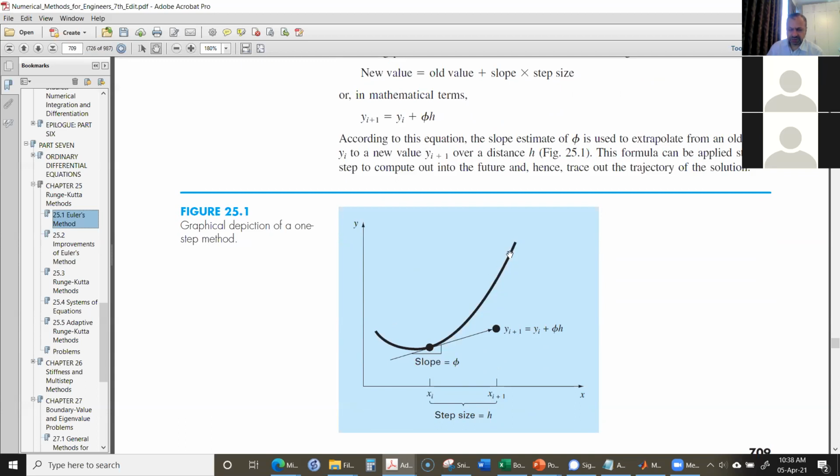If on this curve you take a slope at some point over here, and then we go along in the direction of that slope, then we can reach another point.